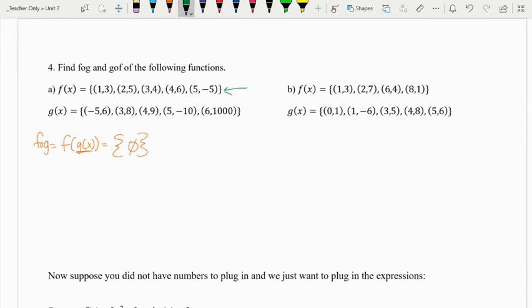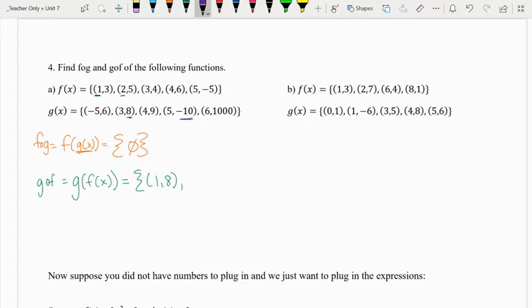There's nothing that works. But when we go to g of f, as you saw before, this one has some that work. So now we're looking at f of x first. 1 gives me 3. Well, 3 gives me 8. So that means I get the point 1, 8. Then we move on to the next one. 2 gives me 5.